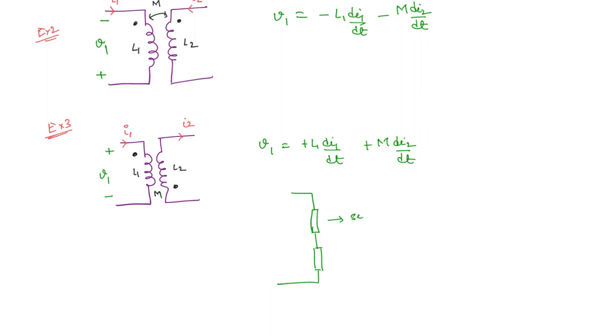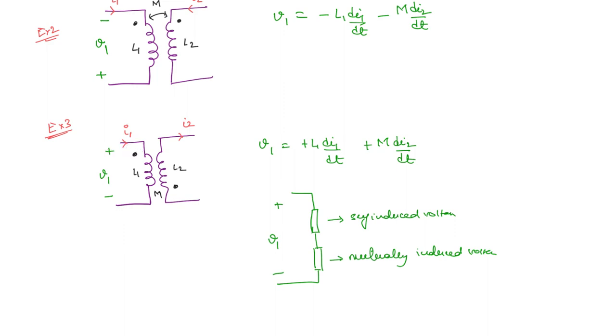This will be the self induced voltage and this will be the mutually induced voltage. So the voltage across the coil will be the sum of both of them. The polarities of both will depend on the dot convention and the polarity into which the current is flowing.